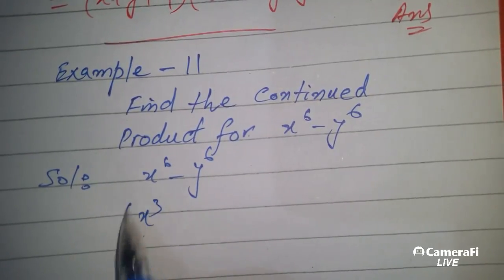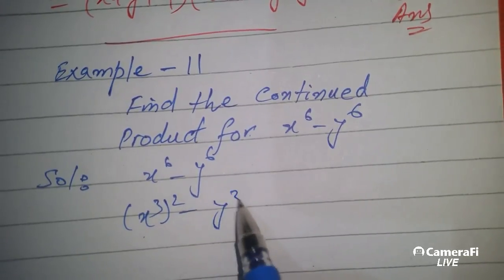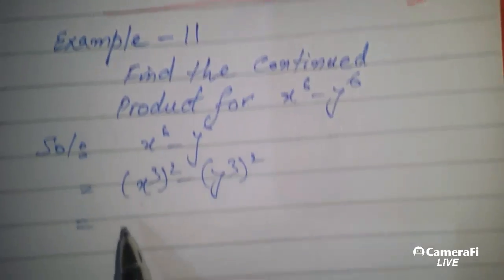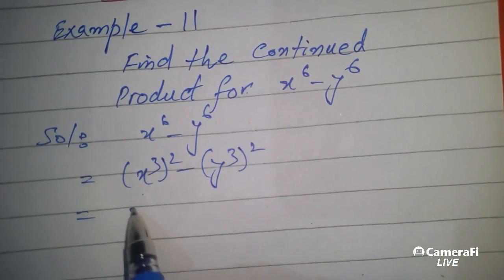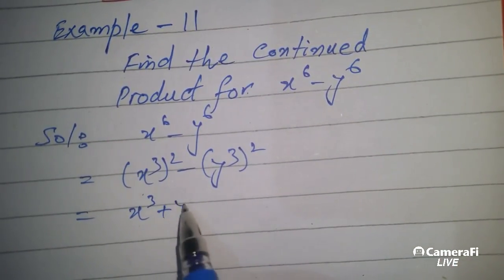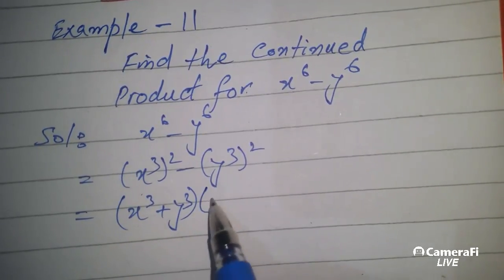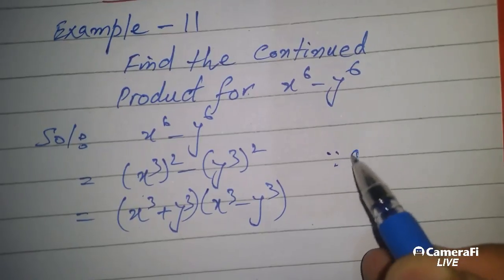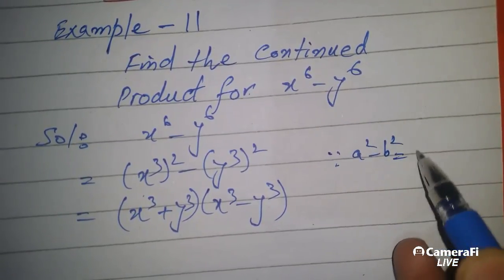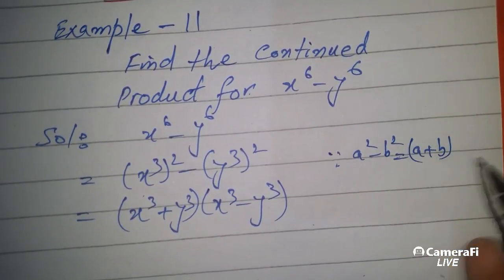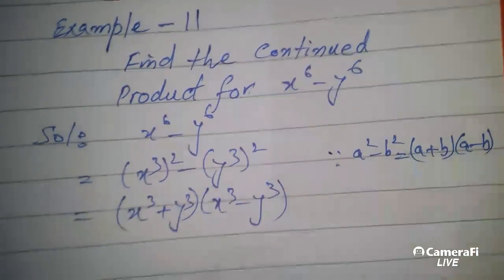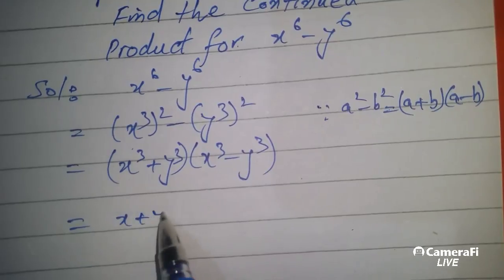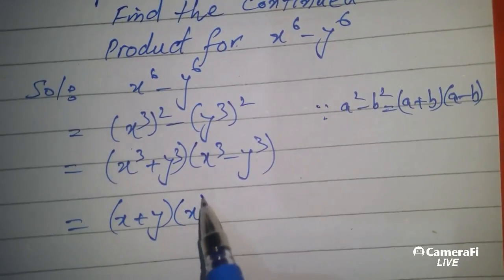It can be written as, applying the square formula. This formula says a square minus b square equals a plus b into a minus b, and just applying the cubic formulas here.